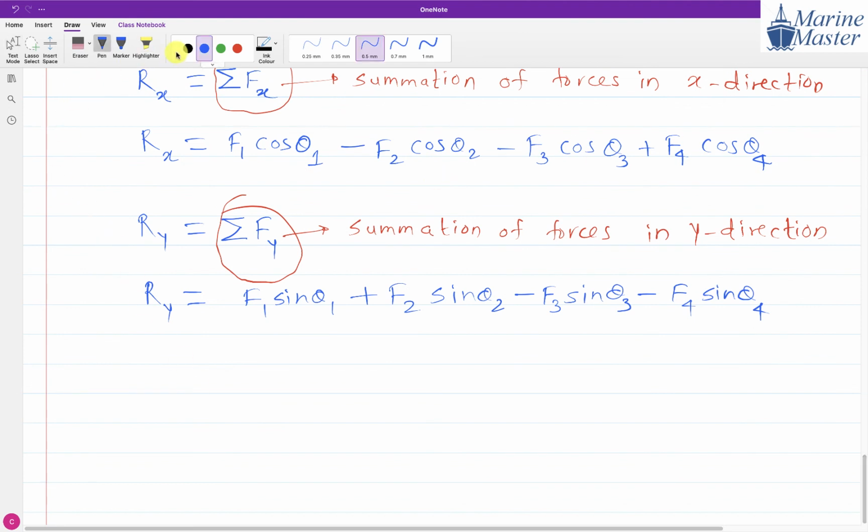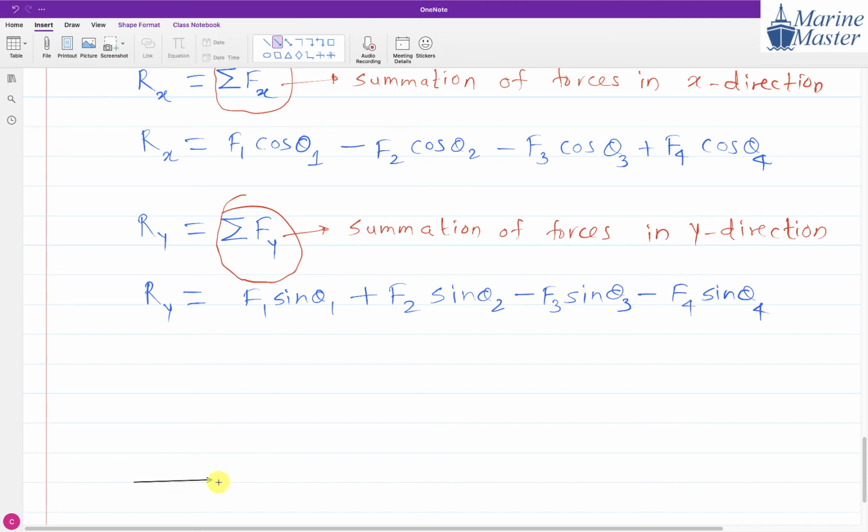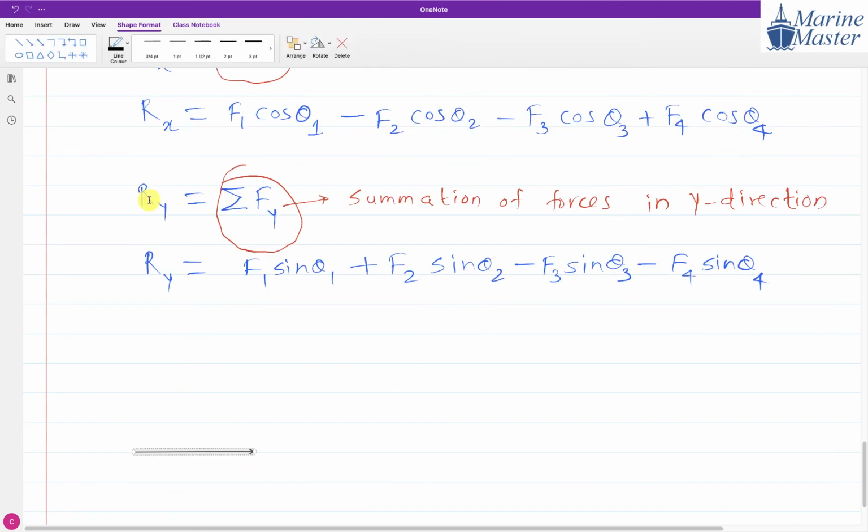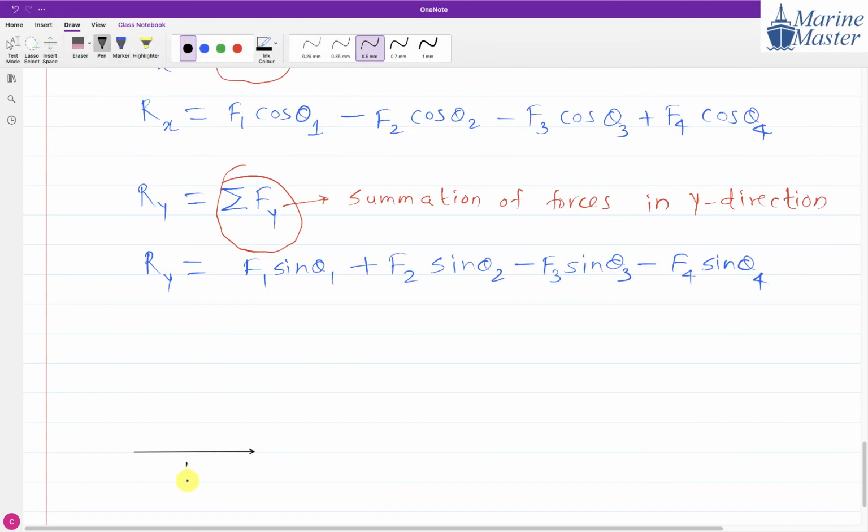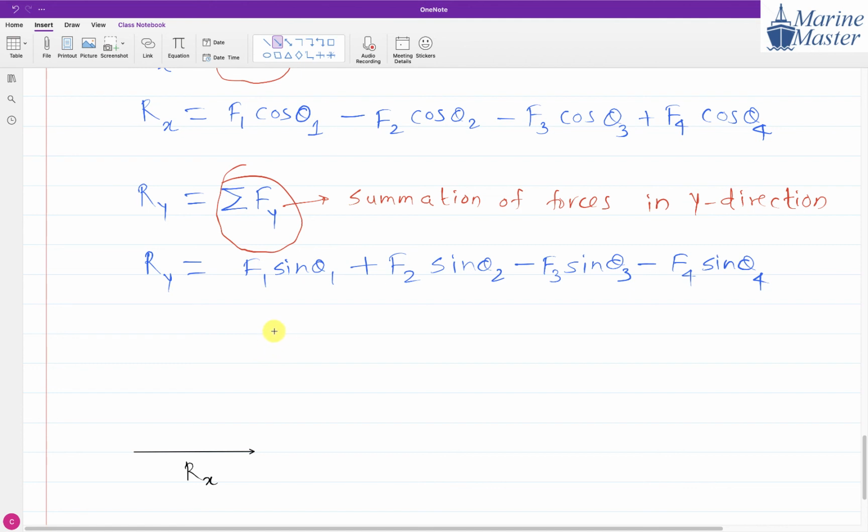R. And how to get R? To get the R, first of all, we will use a triangle. So see, we have Rx. First of all, we will draw Rx. Then Ry.